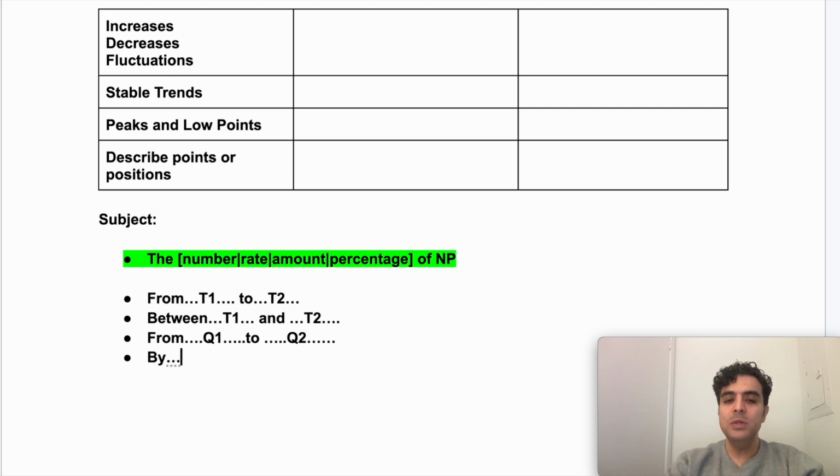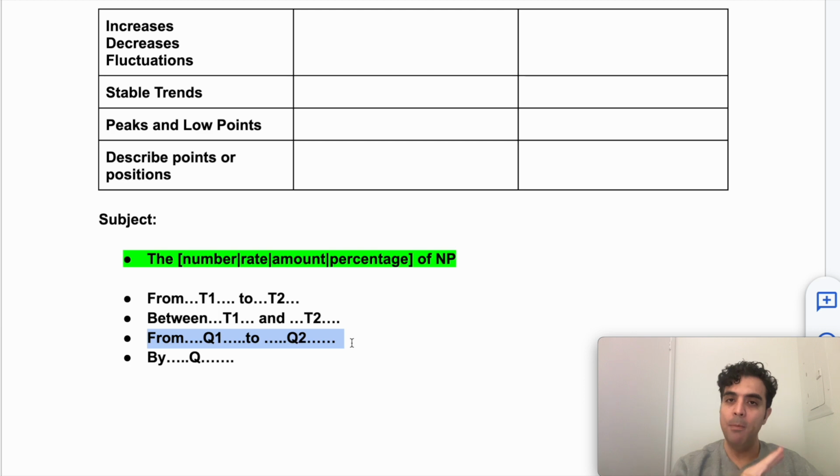You can also use by, but then what you need to do is express the delta Q. And by delta Q, I mean the difference between the starting point and the end point. For example, you could say the number of students increased from January to March from 2,000 to 5,000.